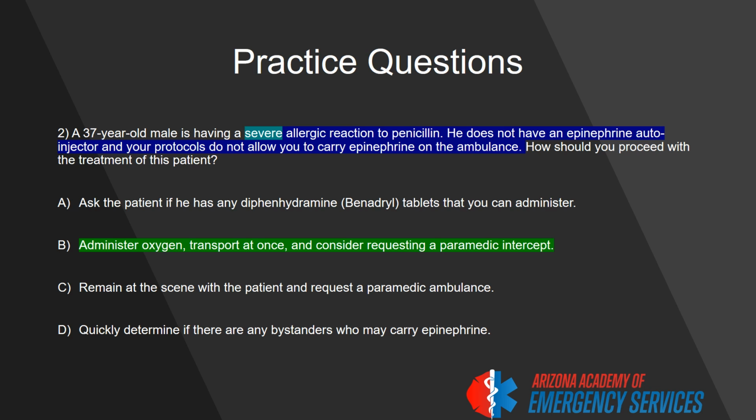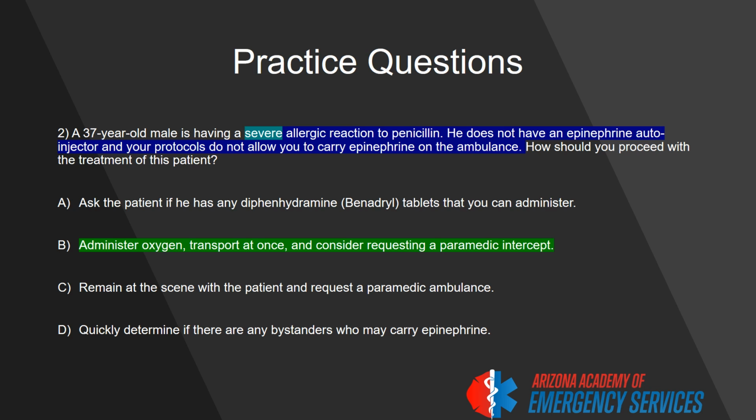Answer option A asks the patient if he has any diphenhydramine or Benadryl tablets that you can administer. From a national perspective, remember that registry is testing you on a national curriculum, and per that national curriculum, EMTs cannot give Benadryl. They do not have protocols for the administration of Benadryl, nor do we have any indications to give Benadryl to our patients.